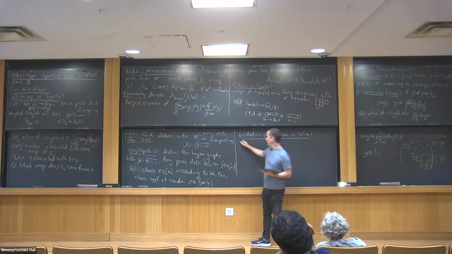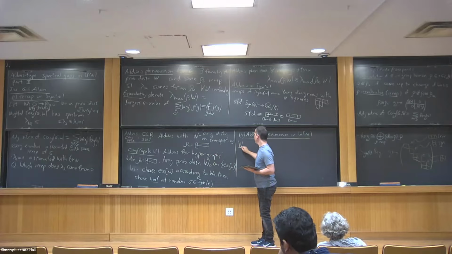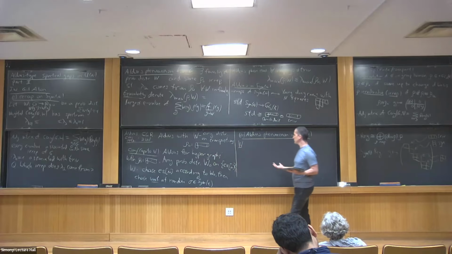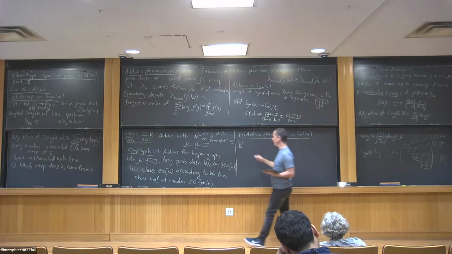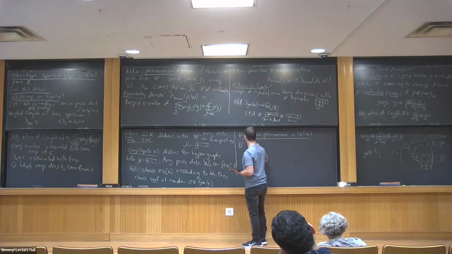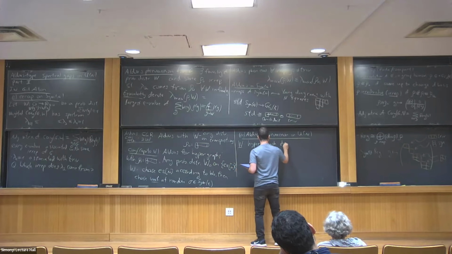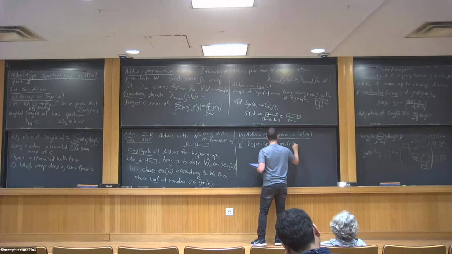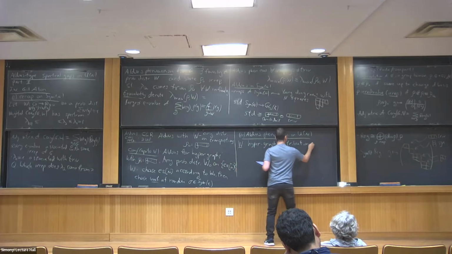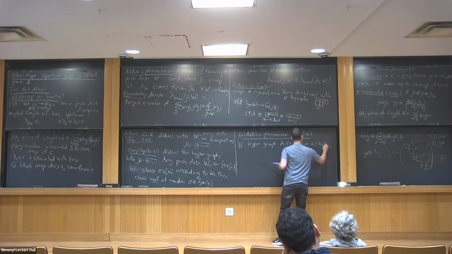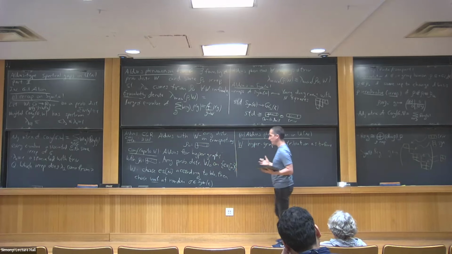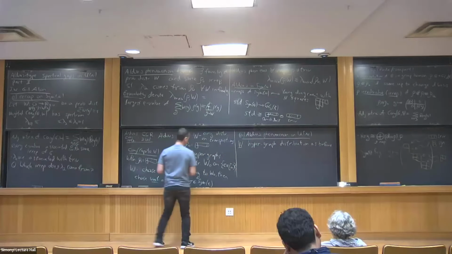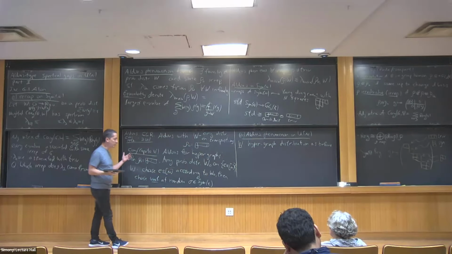So again, W is the same. What probability distribution do I want? I'm taking again a hypergraph distribution as before. It means I have a hypergraph with weights, and I want it to be a probability distribution.